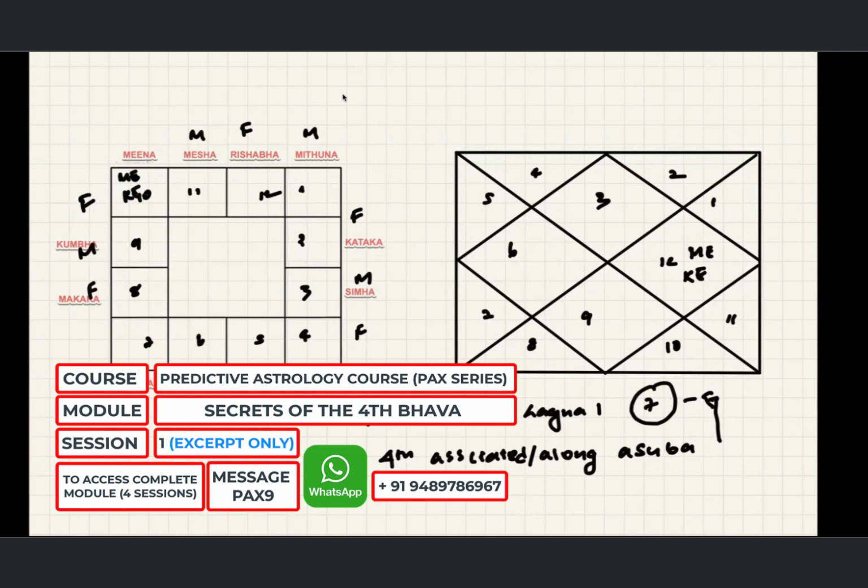Which means one person will have and after a certain time he will lose it. Some person won't have and he will get it. So good turning bad, bad turning good. We are referring to beauty here. It is all reflected here. So you should be able to navigate using these tools.